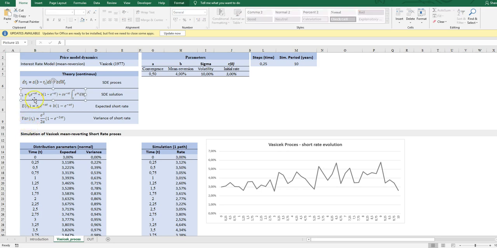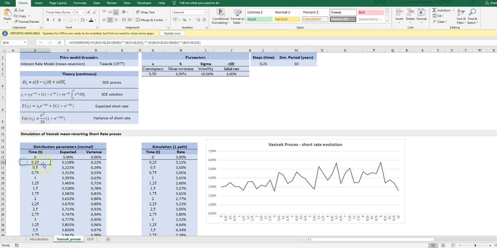From this solution to the continuous stochastic equation, we can see that the expected level of the interest rate at some future time is defined independent of the rate at time t. So it has an unconditional mean, and it also has an unconditional variance.